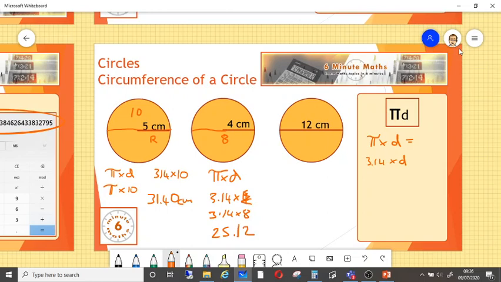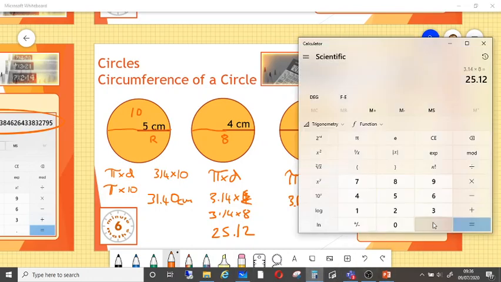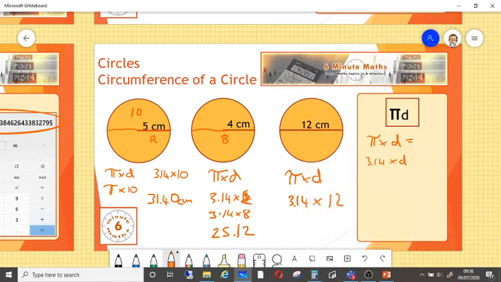And the last example is the same thing, pi times the diameter, which will be 3.14, and the diameter is shown in this example, which is 12, so it's times by 12. 3.14 times by 12, 37.68, and these are all in centimetres. 37.68 centimetres.